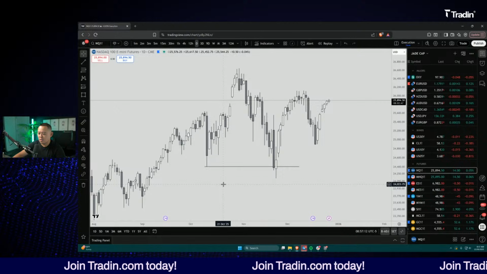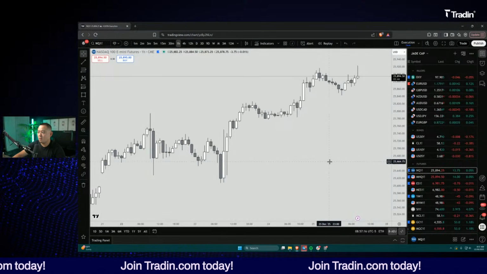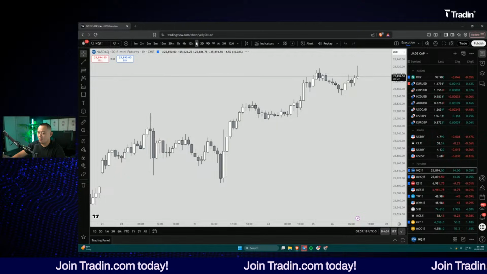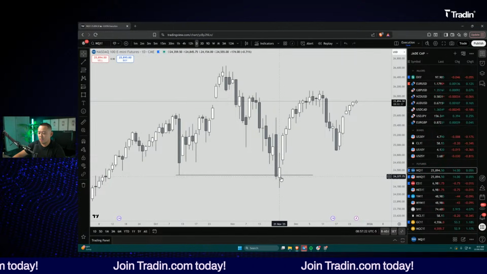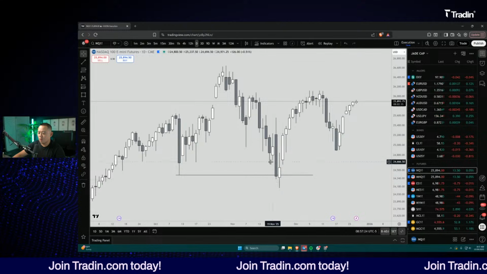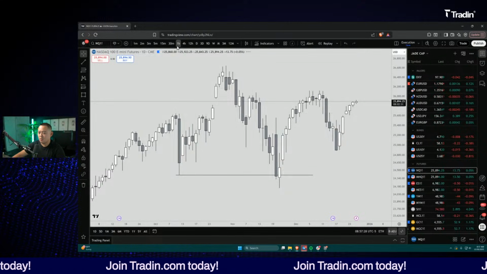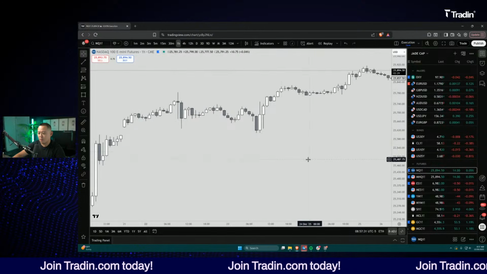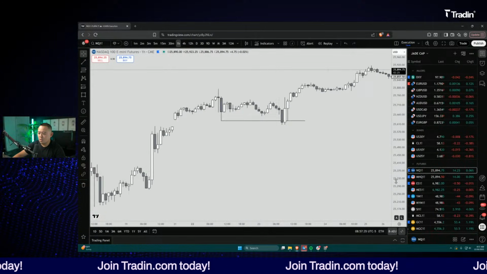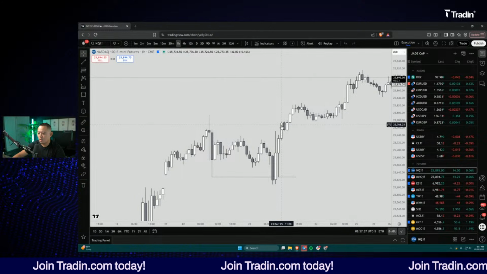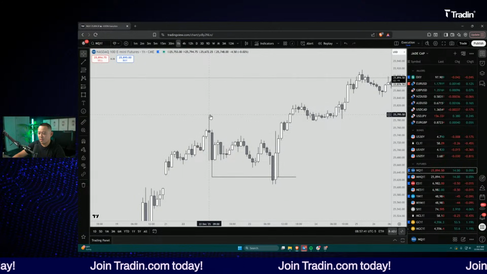This is pattern recognition. But can you spot this on a lower time frame that fast? That's the difference. Here, you have multiple days to think about this, or multiple hours and multiple sessions. Whereas here, you have to make a decision in the next hour, otherwise you're going to miss the trade. If you even wait 2 hours, you basically miss the trade because it's already at the previous daily high.